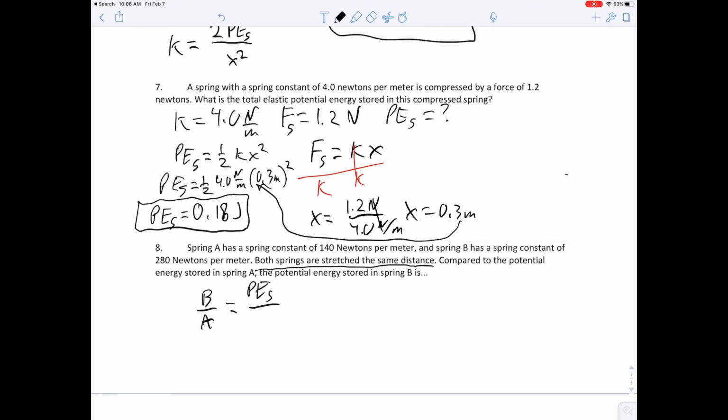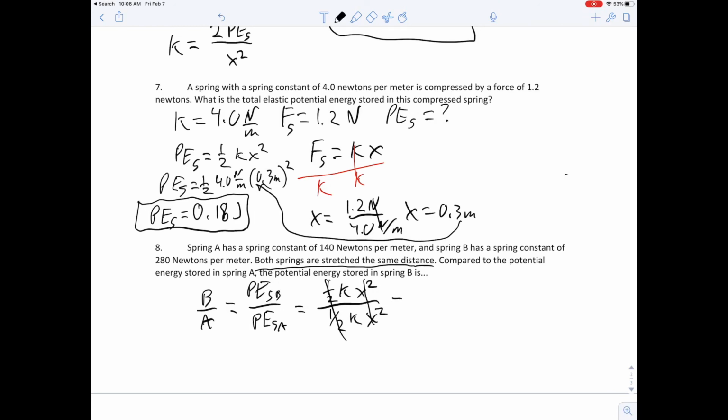Both of these are going to have PE of spring B and PE of spring A, 1/2 kx squared, 1/2 kx squared. So they are stretched the same distance.